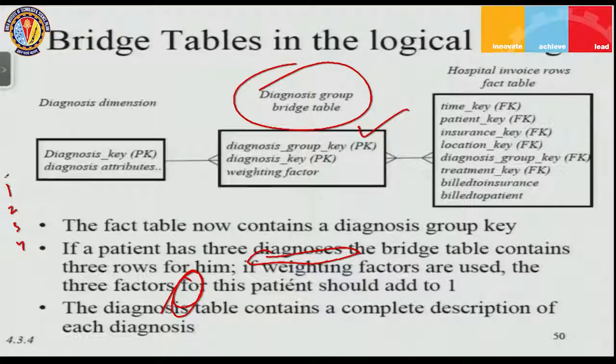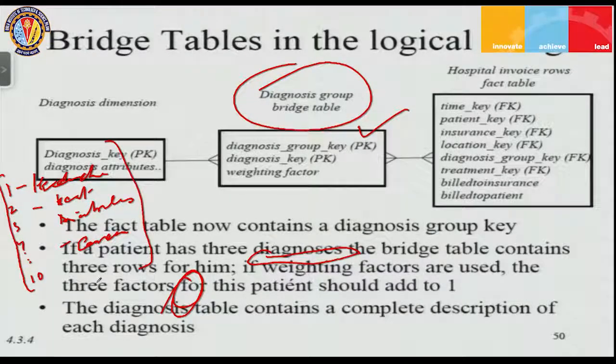Suppose in a particular hospital there are 10 different diagnoses. I'll have a group key for each one of them. So this is, say, for headache, this is for a heart related problem, this is diabetes, and this is for some other problem, say cancer, like this.